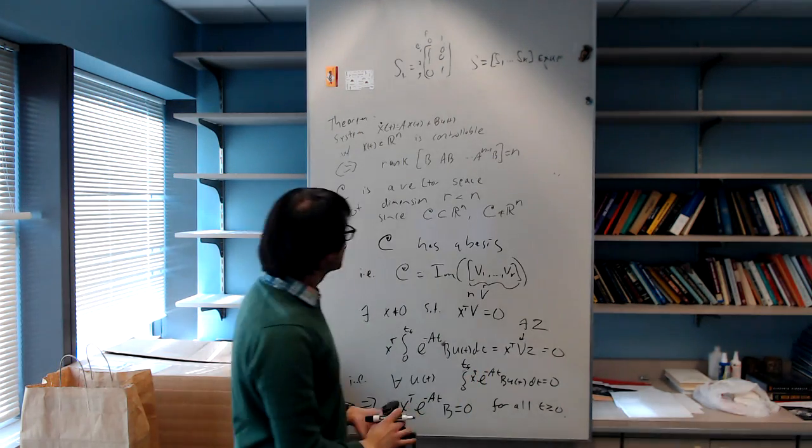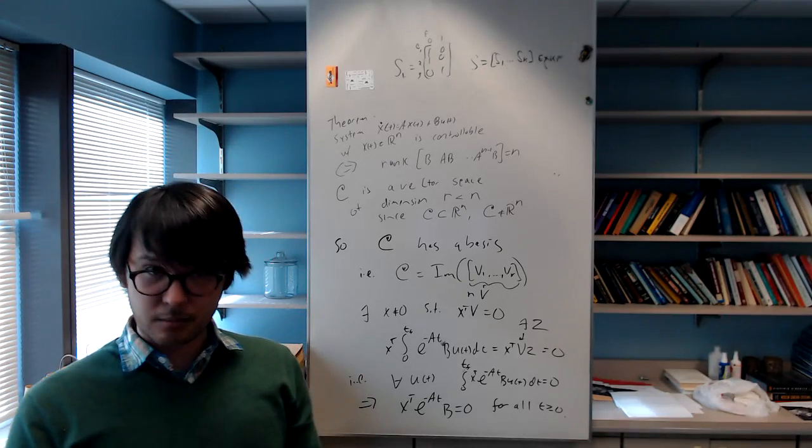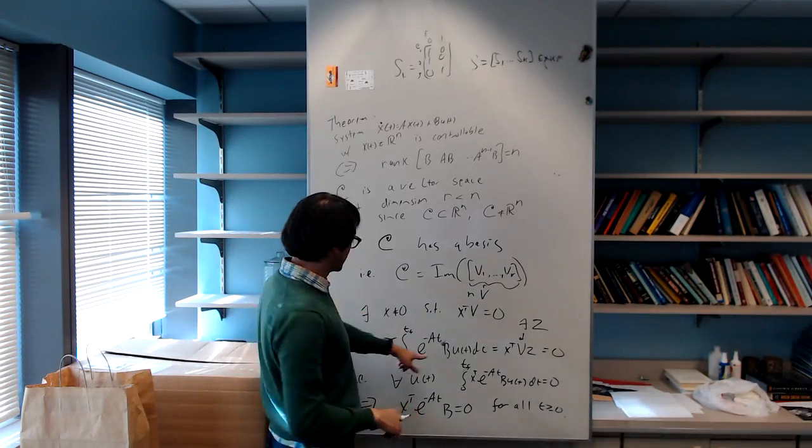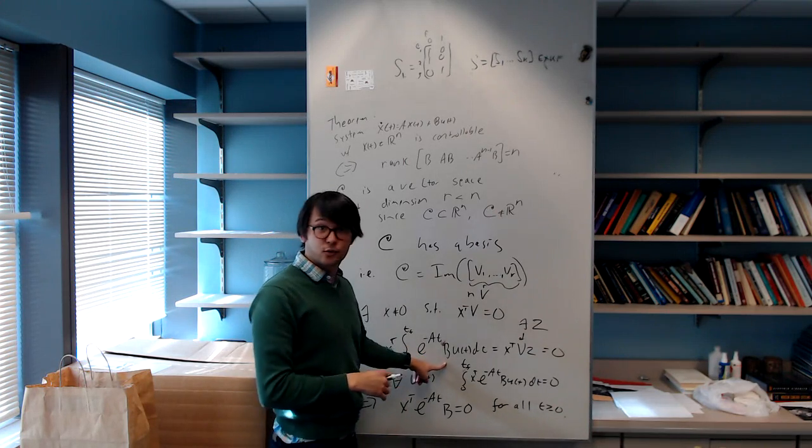So let's just recap the argument of what we showed here. What we said is that the things looking like this form a subspace.